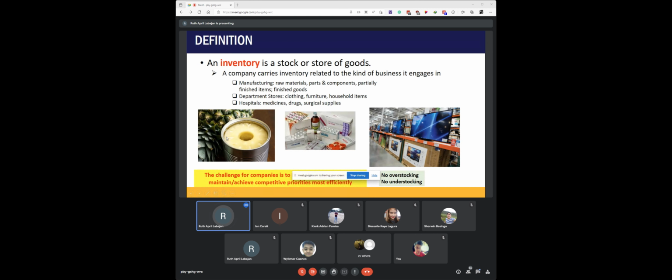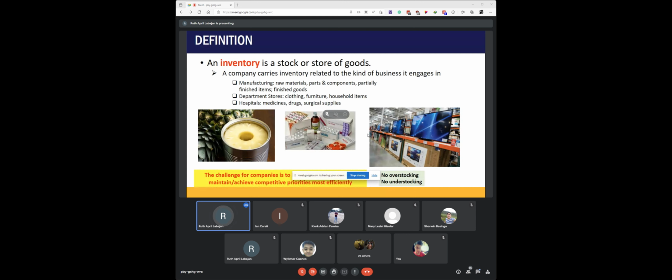Okay, like for instance, in canned goods na manufacturing, like mga pineapple drinks, sliced pineapple. So, what do you expect na gina-carry nila na inventory? Of course, they would carry the raw material, the pineapple itself. Then, the mga metal cans used to hold these pineapple slices and other components. Okay. So when we talk about department stores, if you go into SM, Gaisano, Robinsons, you looking around you, what you see are all inventory.